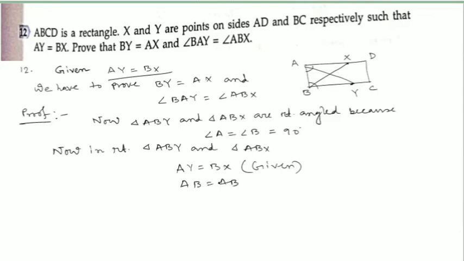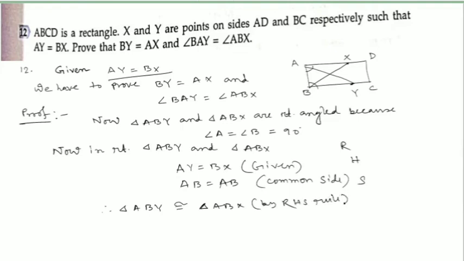This is common side. So which criteria is fulfilled here? Obviously RHS congruence rule is applicable here. Therefore triangle ABY is congruent to triangle ABX by RHS congruence rule.